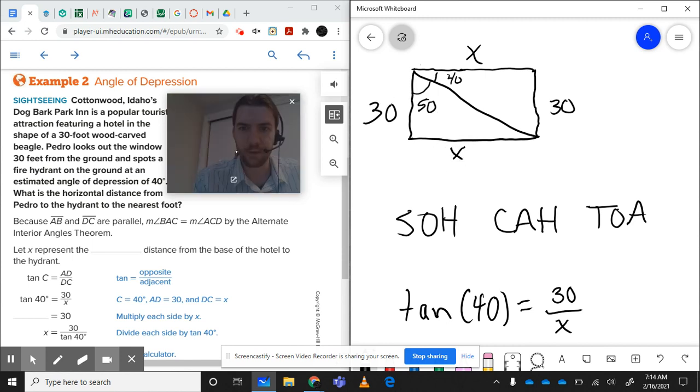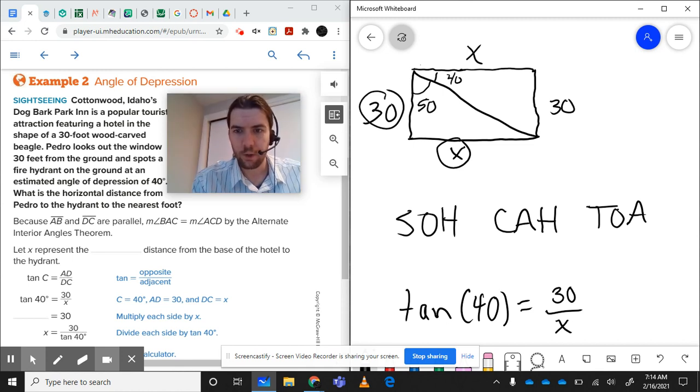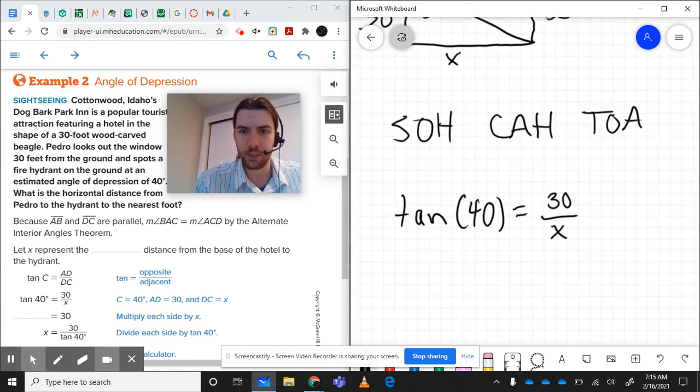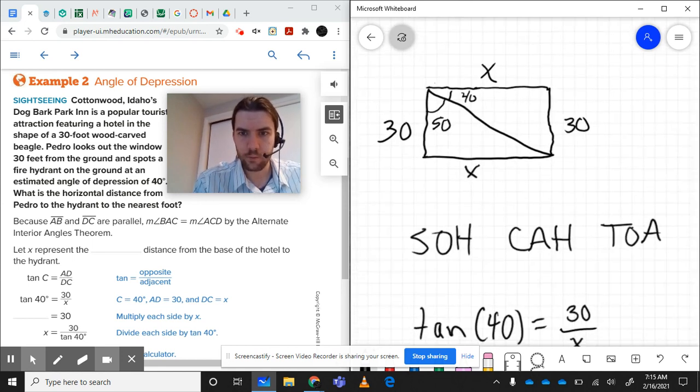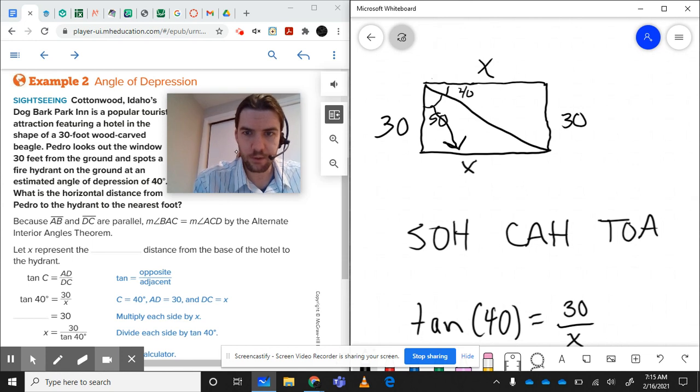We could say that the opposite side and the adjacent side here would once again be a tangent, but it'd be a tangent where x is on top. So tangent of 50 is x over 30, because this is the opposite and this is the adjacent. So we could set it up either way.